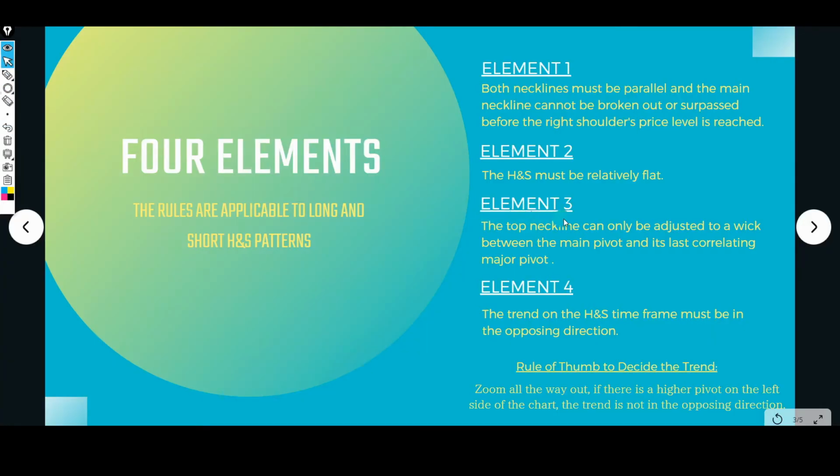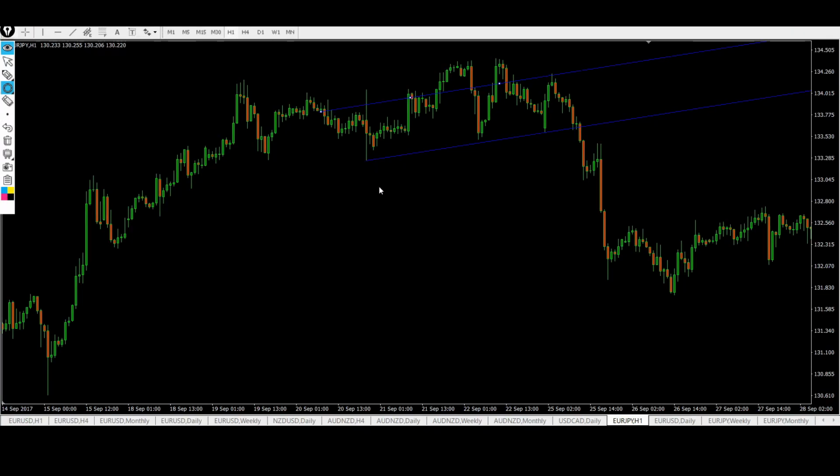Okay, element number 3. The top neckline can only be adjusted to a wick between the main pivot and its last correlating major pivot. Okay? Alright, so that main pivot is referring to this pivot right here, where that bottom neckline was drawn. Okay? And the last major correlating pivot will be right here.